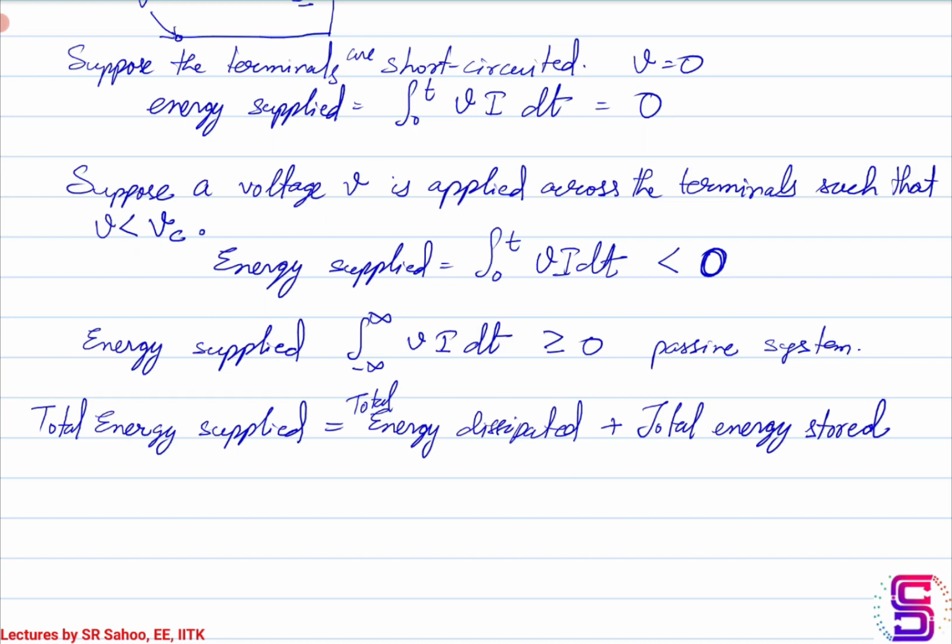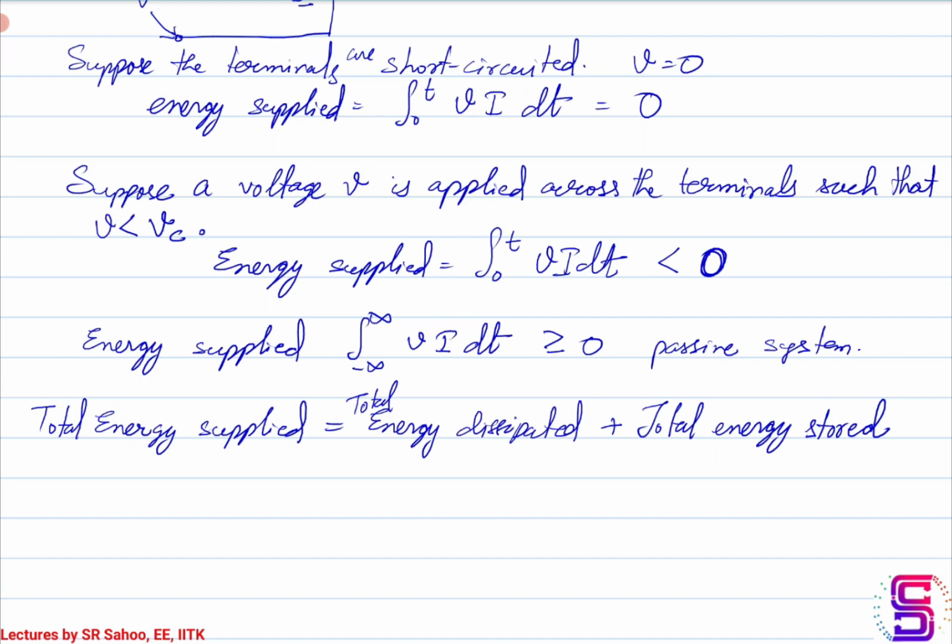In case of an electrical circuit, the energy dissipation would be in terms of heat as the resistor gets heated up, and the total energy stored in the circuit is either in the form of electrical energy, when capacitors are involved, or in the form of magnetic energy, when inductors are involved.